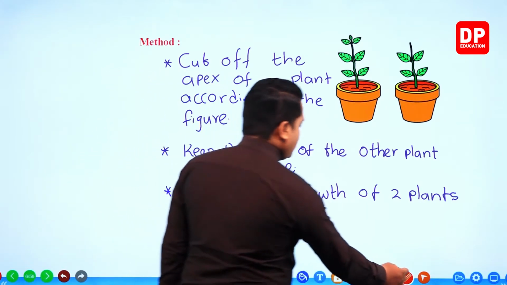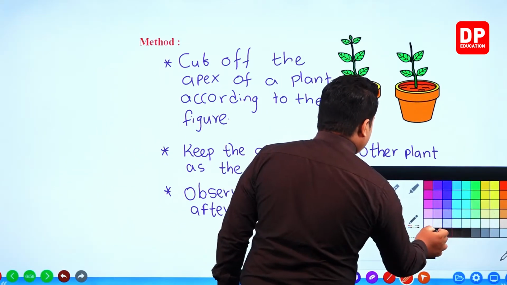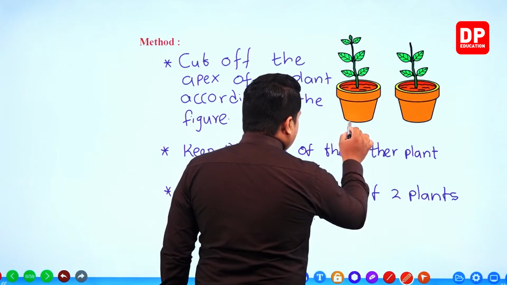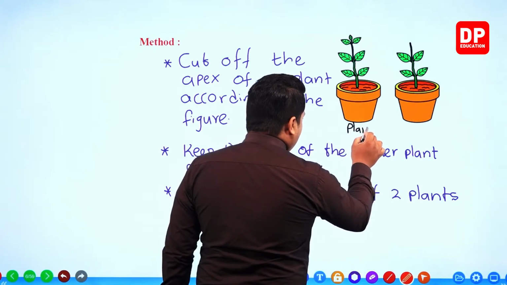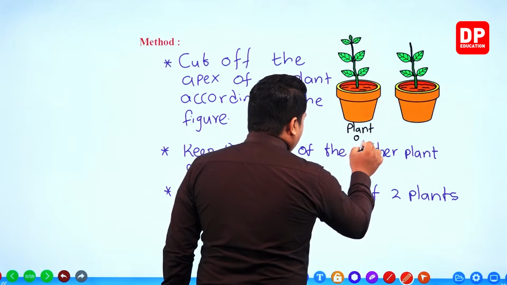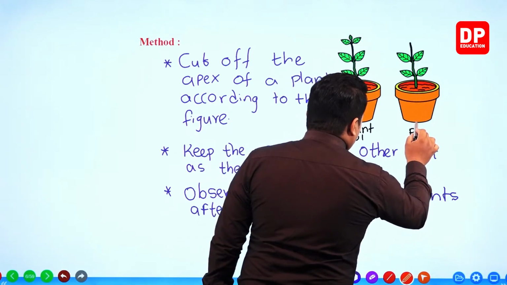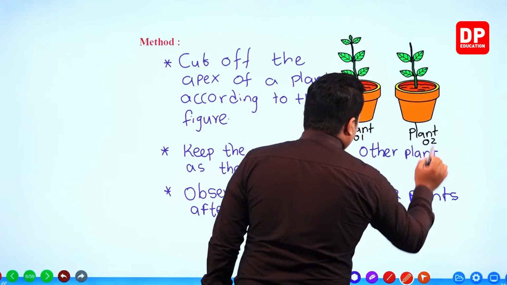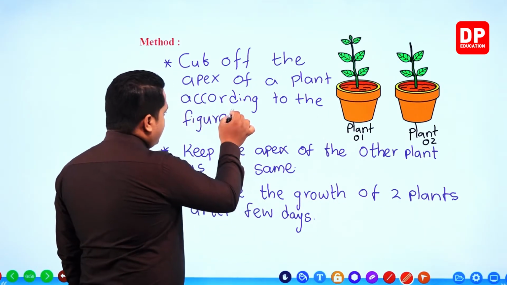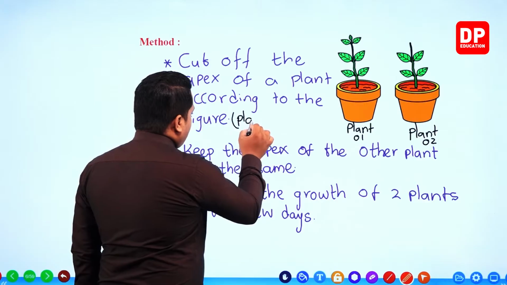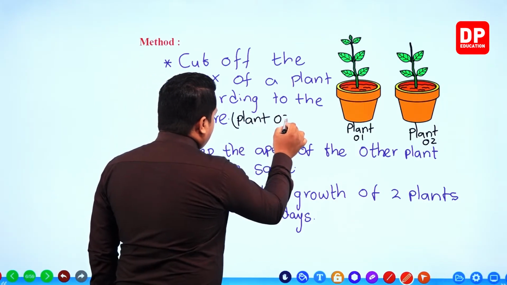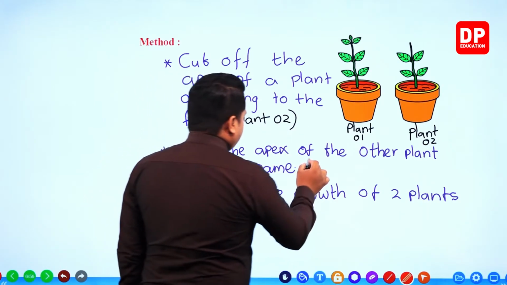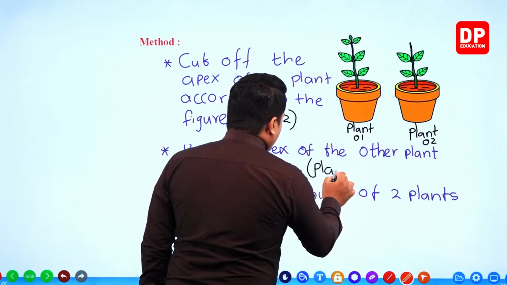If you want, I can name these two figures: this is plant 1 and this is plant 2. Okay, so I'll mention here, this is plant 2. This is plant 1.